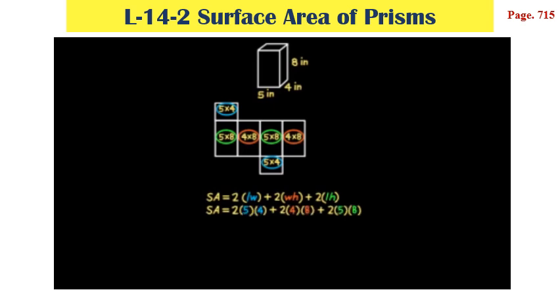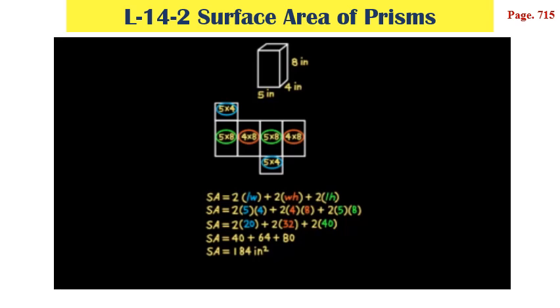So, 2 times 5 times 4 plus 2 times 4 times 8 plus 2 times 5 times 8 equals 2 times 20 plus 2 times 32 plus 2 times 40. 40 plus 64 plus 80 equals 184 square inches.